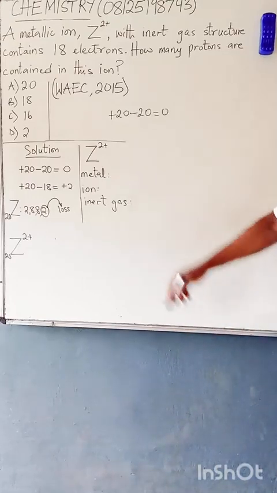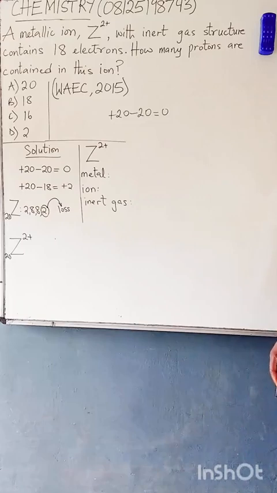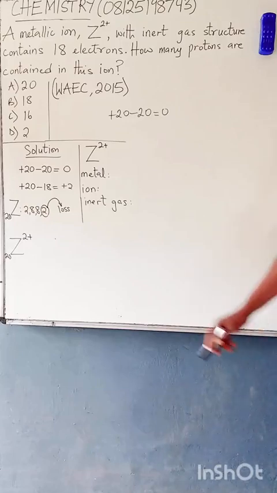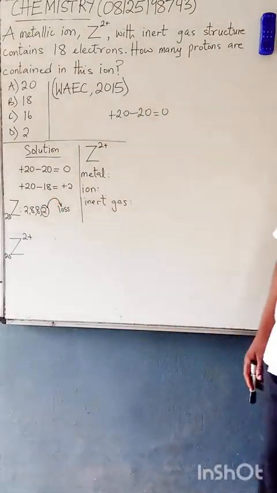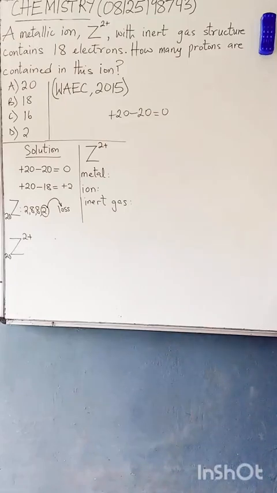Now that I've explained all this, do you see that the answer to the problem has come out? A metallic ion, Z2+, with inert gas structure, contains 18 electrons. How many protons are contained in this ion?